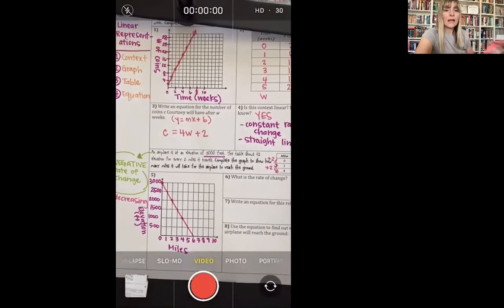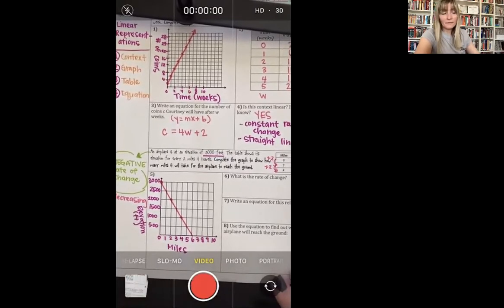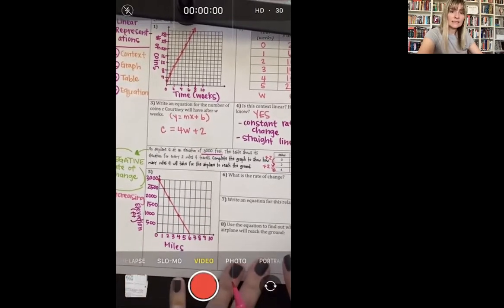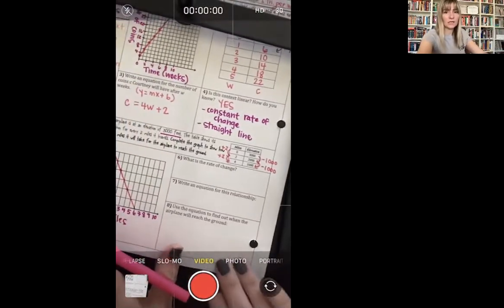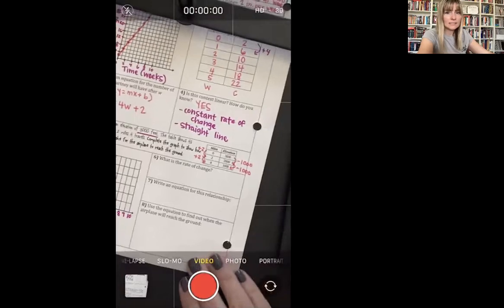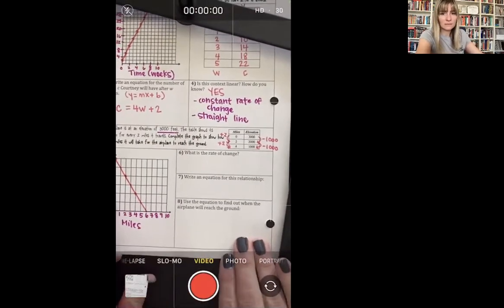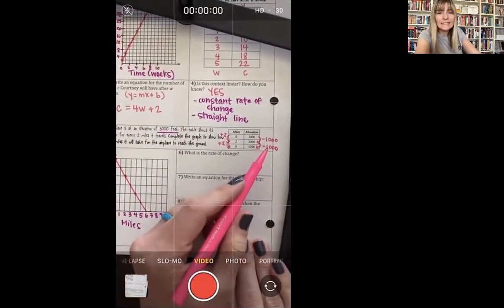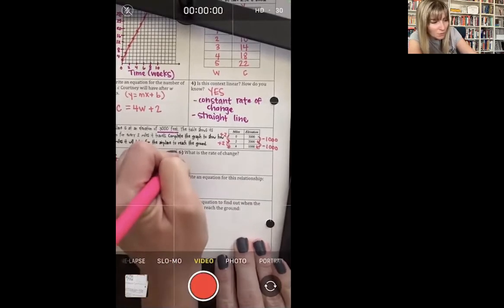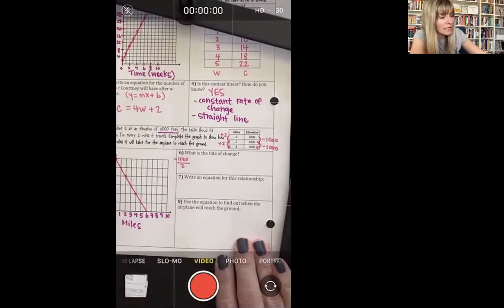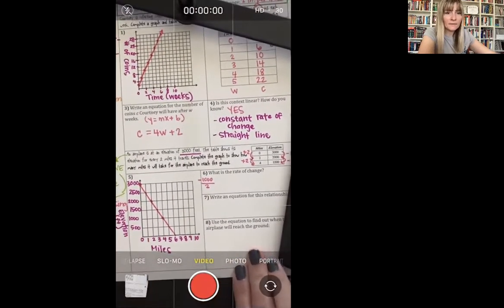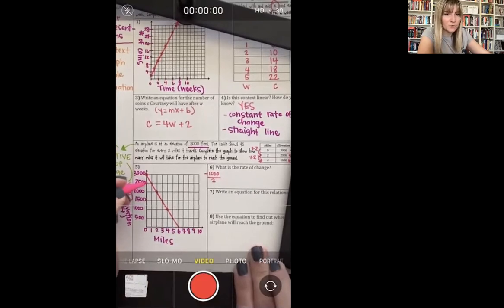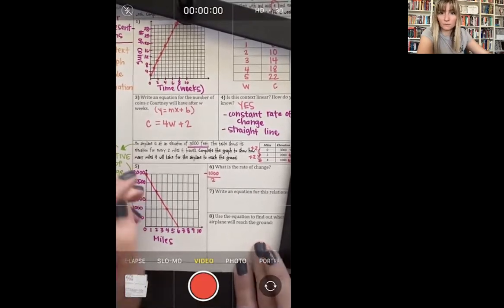Okay. And what I now see in the graph is the same thing that I see in the table. I see that, yes, this rate of change here is going down 1,000. Sorry for all the wonky angles here. Down 1,000 over 2, negative 1,000 over 2, is, of course, also what I see in the graph right here. I see that the graph is going down 500 over 1, down 500 over 1.